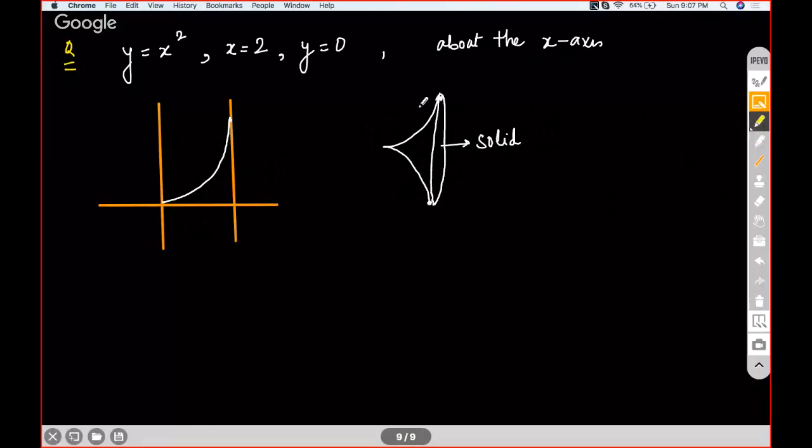When you break it up into thin discs, do you take your R as vertical?